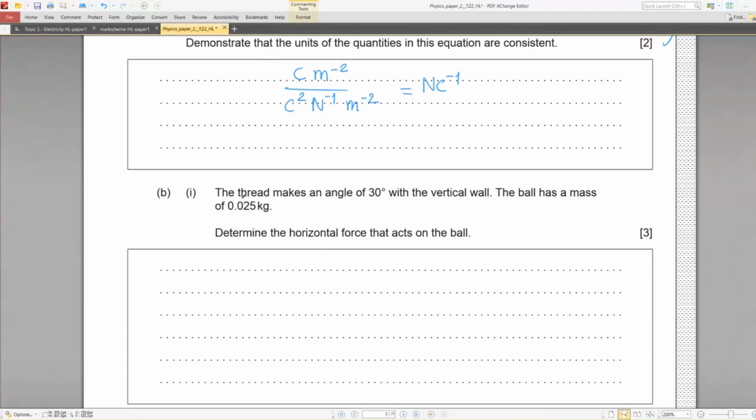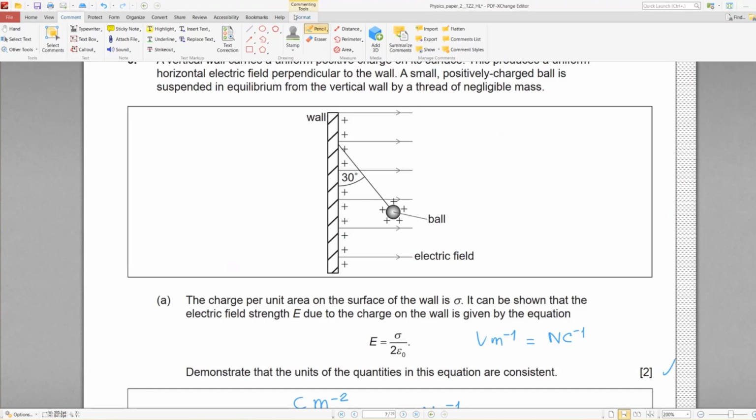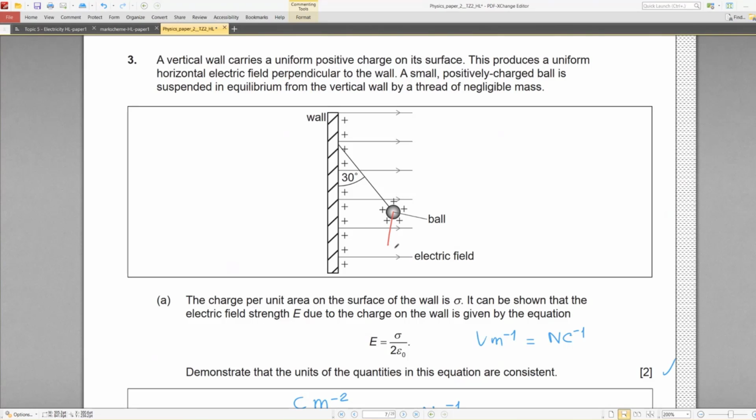Question B. The thread makes a maximum angle of 30 degrees. The ball has a mass of 0.025 kilograms. Determine the horizontal force that acts on the ball, using the equilibrium conditions for the ball. Equilibrium condition means the net force, the total force acting on it, is 0. The first force, of course, is always the weight mg.